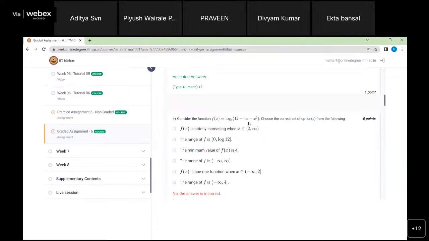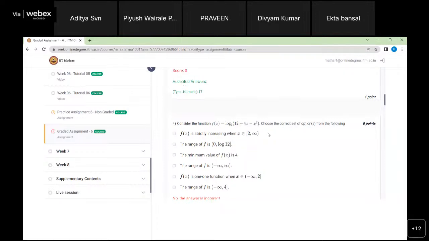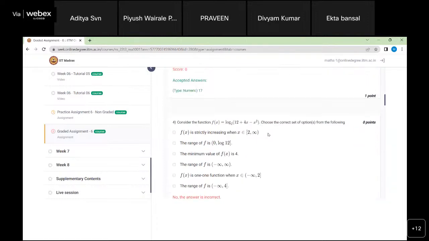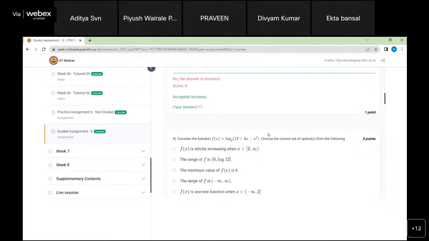We get minus 9, since minus 3 square is 9. So minus 9, right? So that is not in the domain.